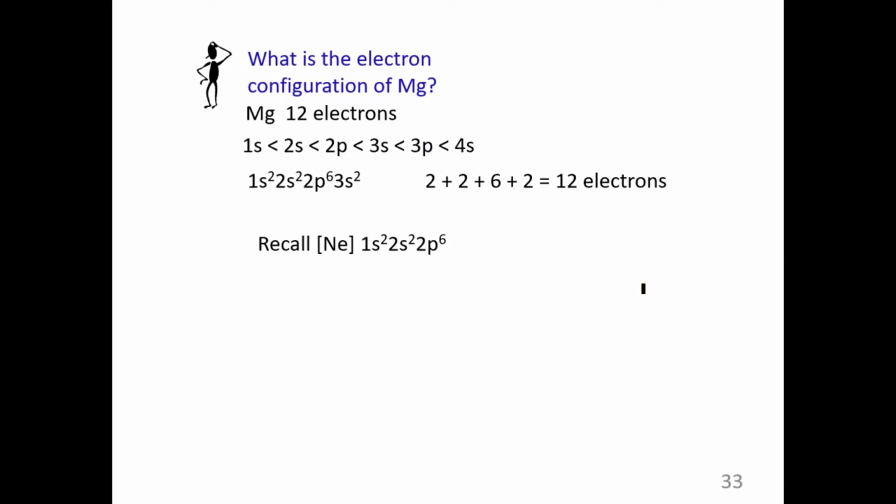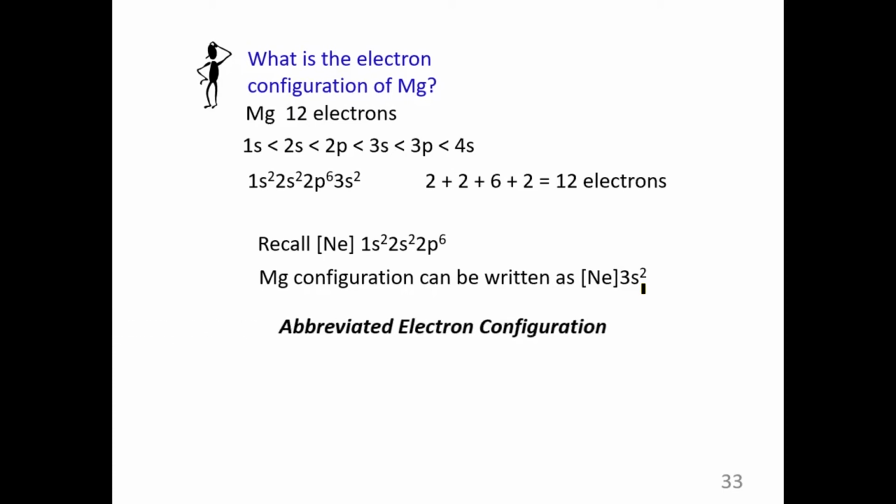I have a nucleus with my 12 protons, and then I put in a prefabricated shell or core of 10 electrons, just like neon, to which I then added 2 extra electrons. So I could write this configuration in this form. I put a bracketed neon symbol and then add just the ones that are different, the 3s2. This is called the abbreviated electron configuration.